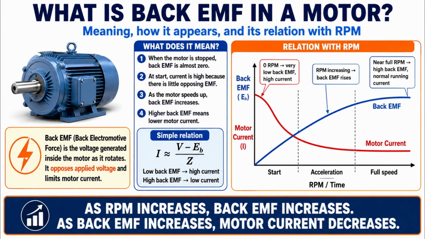As back EMF increases, it reduces the effective voltage driving current through the motor windings, so the motor current begins to fall. So in a simple way, we can remember it like this. Low RPM means very high current. As RPM increases, back EMF increases and current decreases.